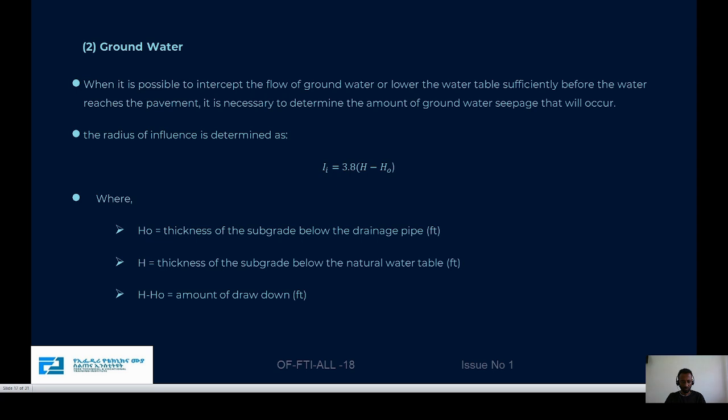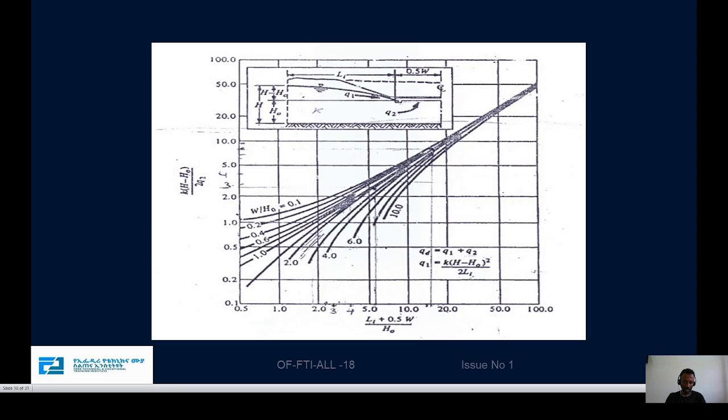We use 3.8 times the thickness of the subgrade below the drainage pipe minus the thickness of the subgrade below the natural water table. As you know, shown in the figure, there is the level of water and this is the original ground level.